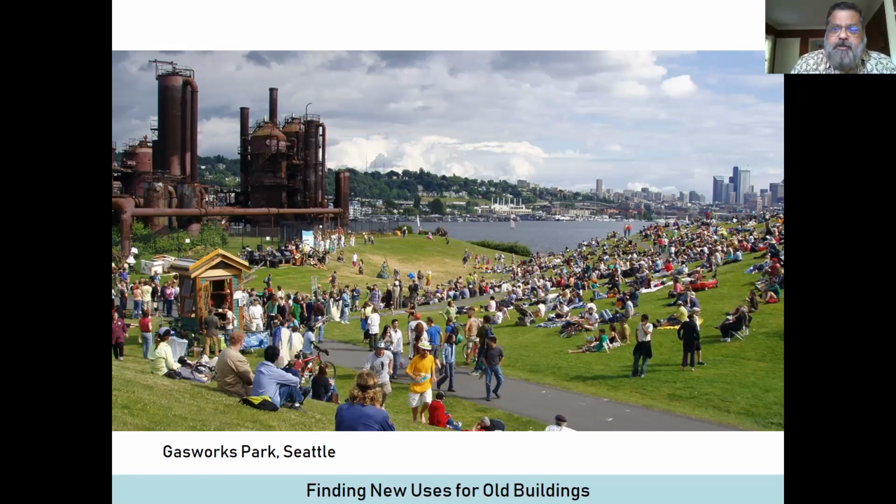He was a professor at my University of Washington. And he actually retained the industrial fabric as part of the park design. He could have easily gotten rid of it. The city would have given him permits to get rid of the industrial fabric. But he integrated this so-called potentially problematic gas structure as part of the park design. And today it is a much-loved public space in the city. It's called Gasworks Park. You should go and read more about it.